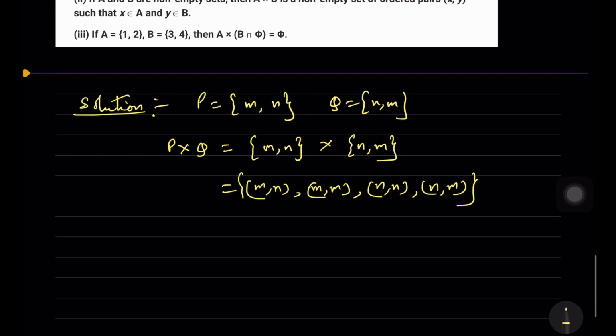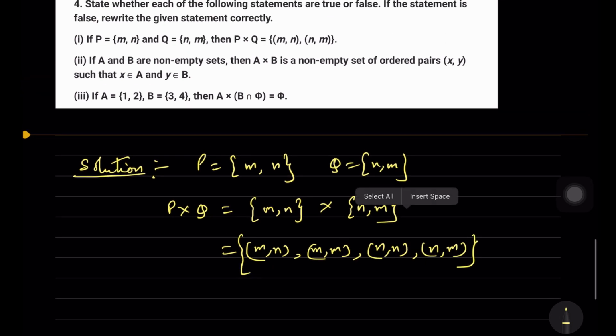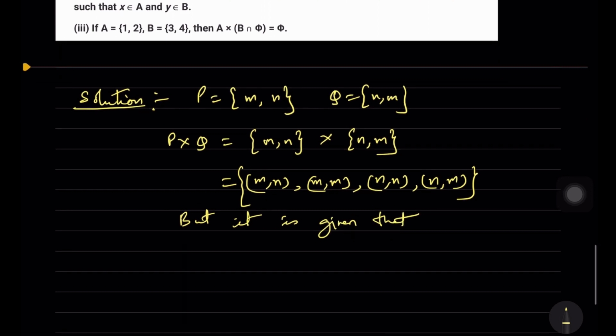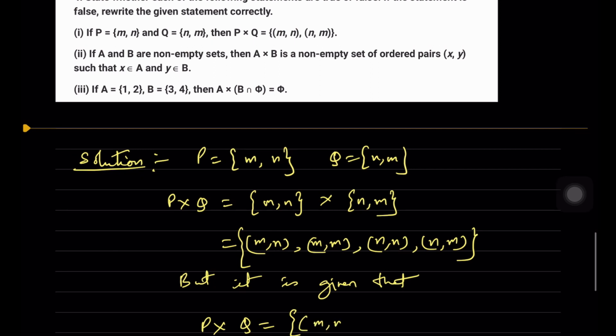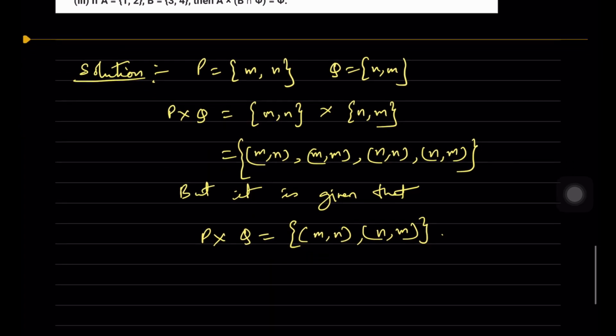So here you are getting 4 ordered pairs, but it is given that P cross Q is equal to the set of ordered pairs (m, n), (n, m), which is false, since this one is not equal to the above one.